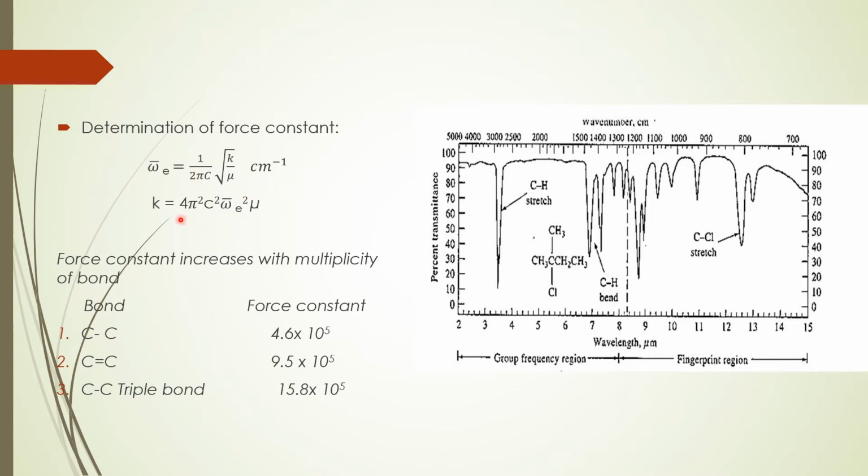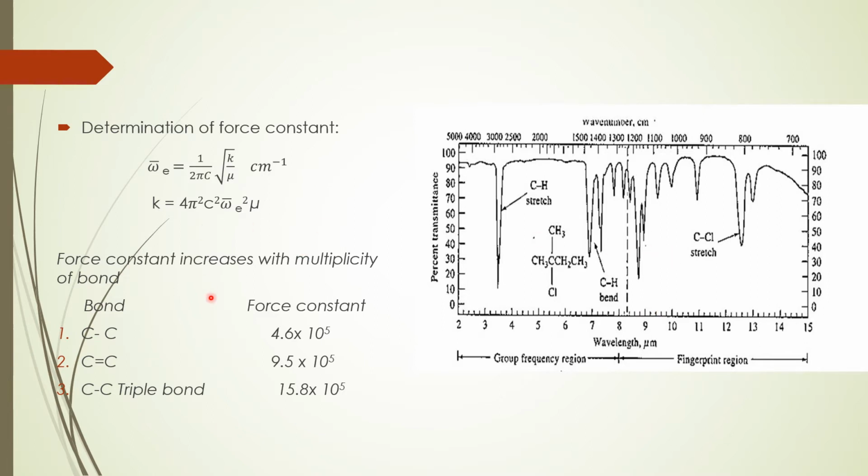So from this, omega bar e, that is the frequency of an anharmonic oscillator, can be drawn through the spectrum, and pi, c and mu are constant for that molecule. As we all know, c is the velocity of light, and mu is the reduced mass, m1 m2 by m1 plus m2.